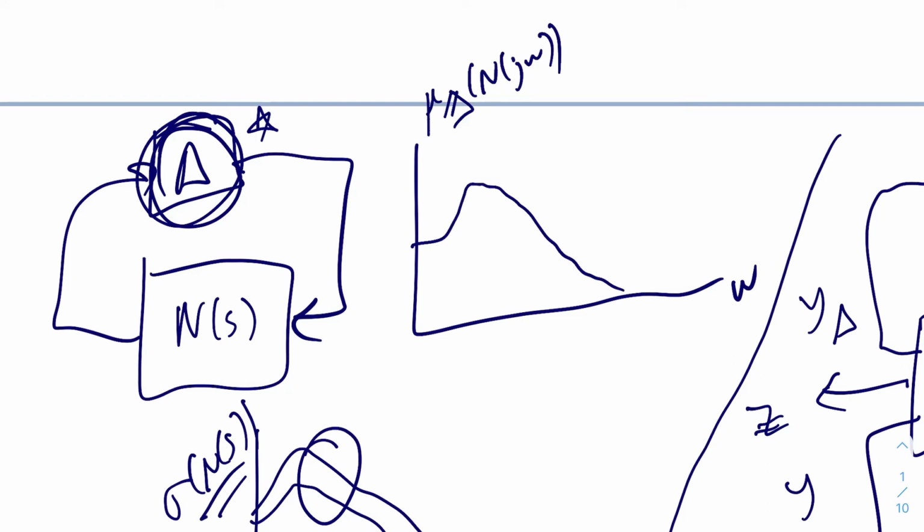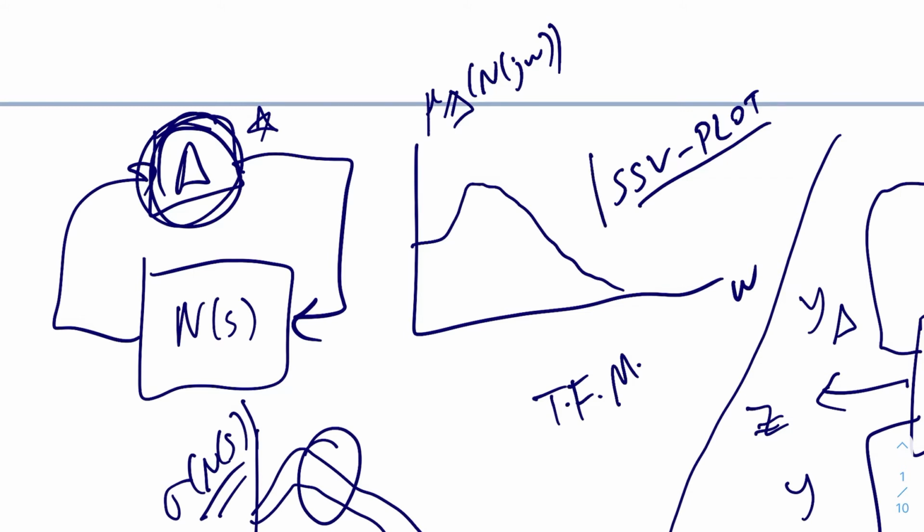Let's call it SSV plot. So for a given n of s, for a given transfer function matrix, and I don't want to say LTI, let's just restrict ourselves and say for a given transfer function matrix, the thing that we are really familiar with is to obtain the SSV plot.